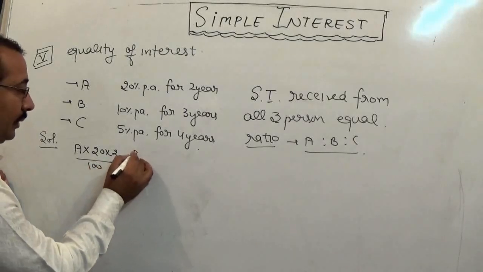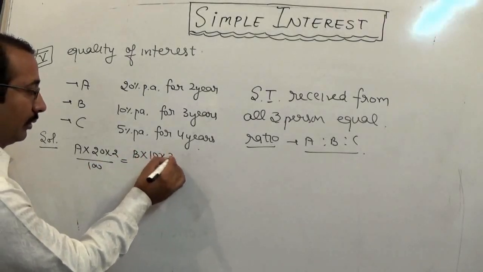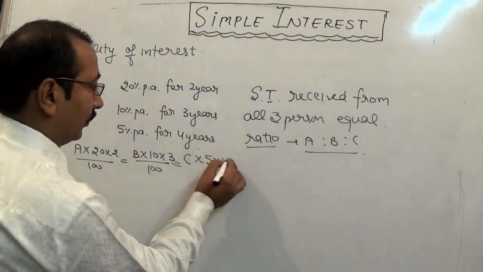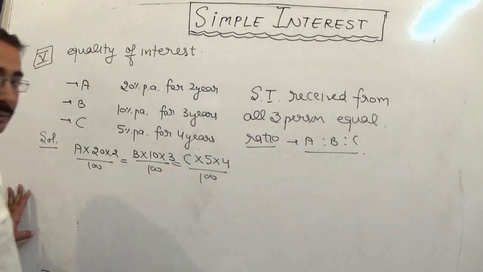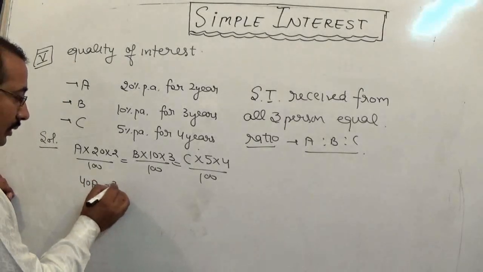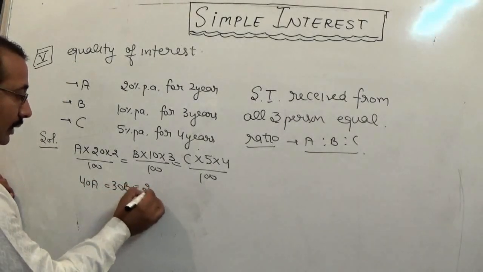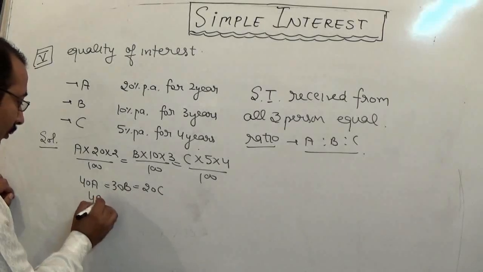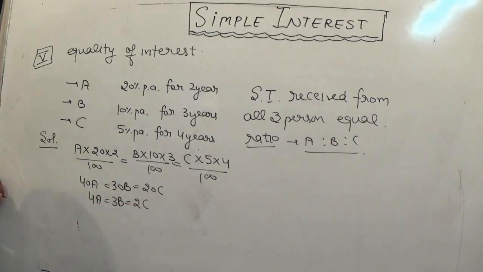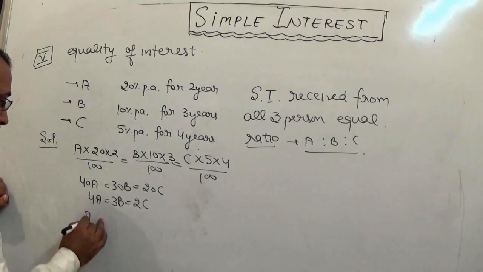From B is B into 10 into 3 upon 100. From C is C into 5 into 4 upon 100. That is equal, from here I can say 40A equals 30B equals 20C, or 4A equals 3B equals 2C.